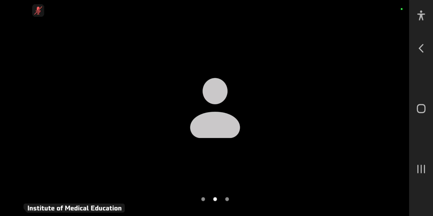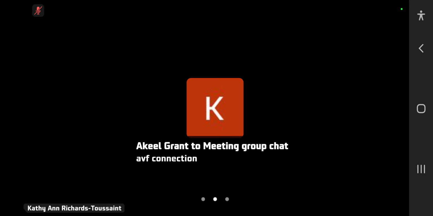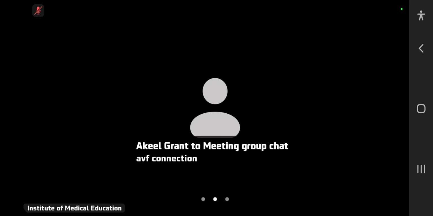Yes, but it's not just any; that is the type of it. What is the name of the cut itself? Yes, it is the AVF connection, but what do I call this AVF connection? We have 34 people.